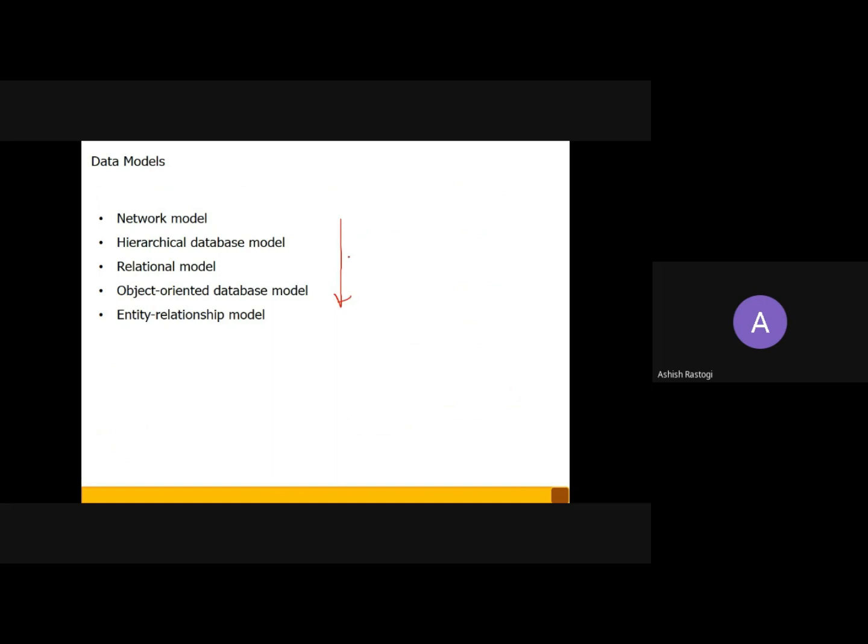When databases started, do you know who is the father of the database management system? Who invented this? Anyone know? No one? Okay, Mr. E. F. Codd, the father of the database management system.